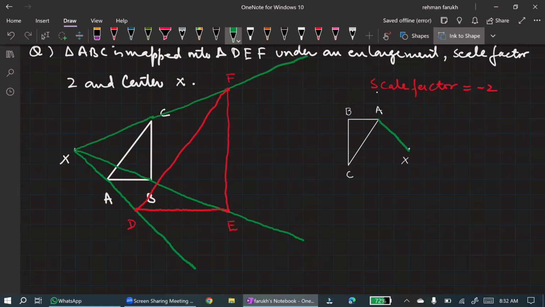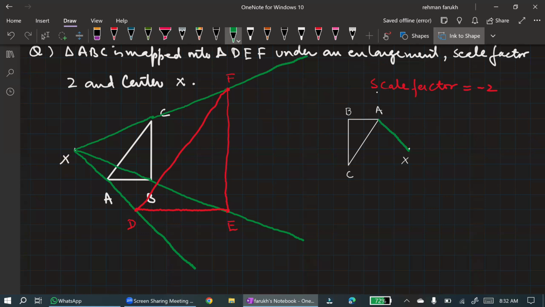I will join X with A. Now, I will not extend this line from A onwards. I will extend this line from X onwards.